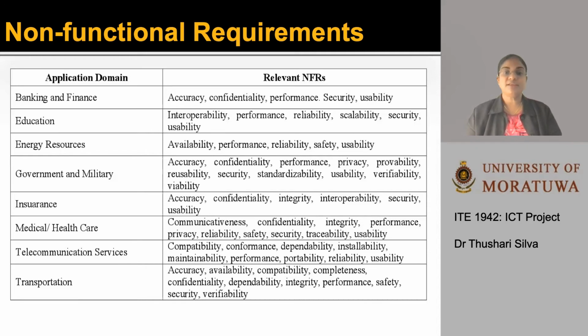When it comes to medical and healthcare, privacy is pretty important. Safety, yes. And above all, you do need to trust the system, the reliability. So it matters. And therefore, based on the problem or the project that you are going to model, these non-functional requirements need to be identified.